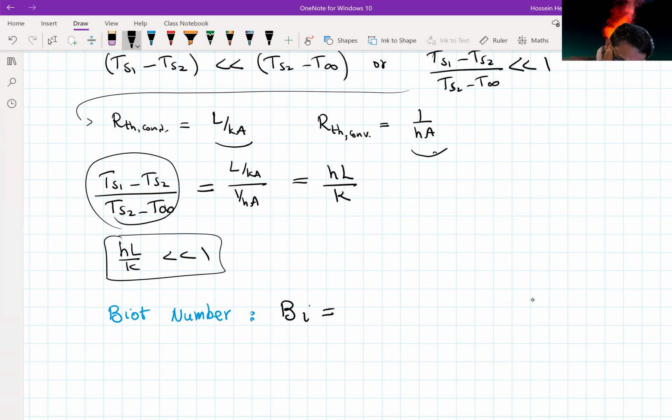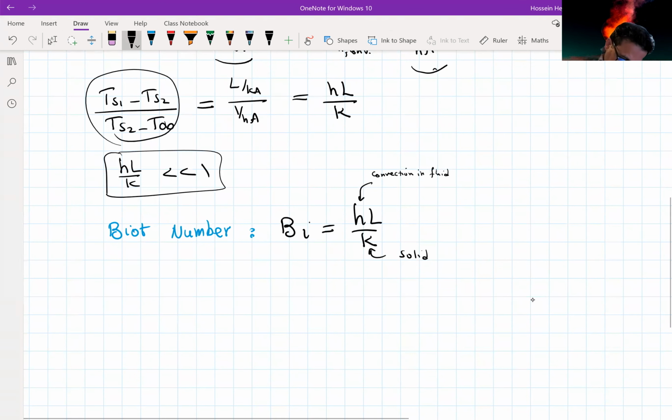Bi is HL over K. K is for the solid. H is the convection coefficient in the fluid that we have. And L is the characteristic length.